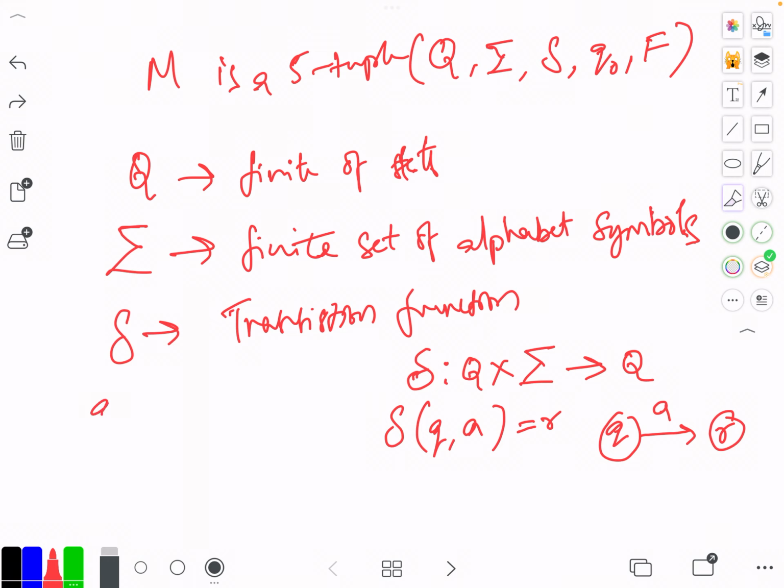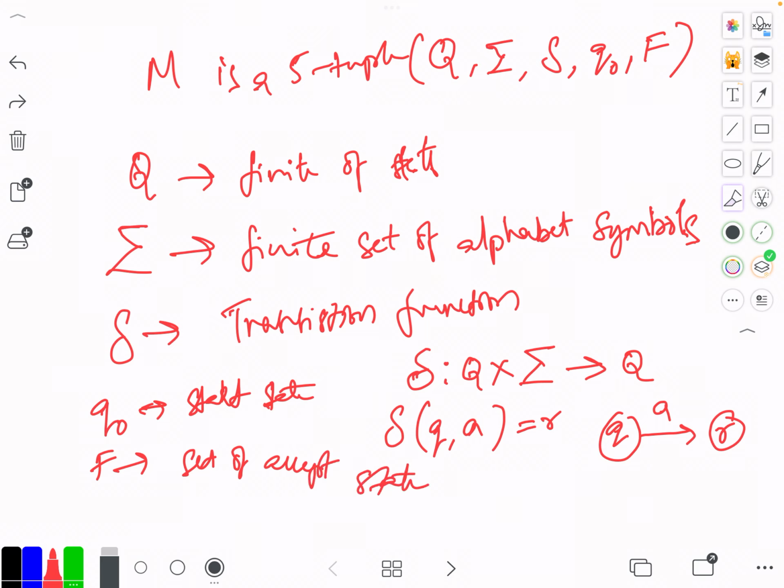And Q0 is, again as I told you, the start state, and F is nothing but the set of accepted states.